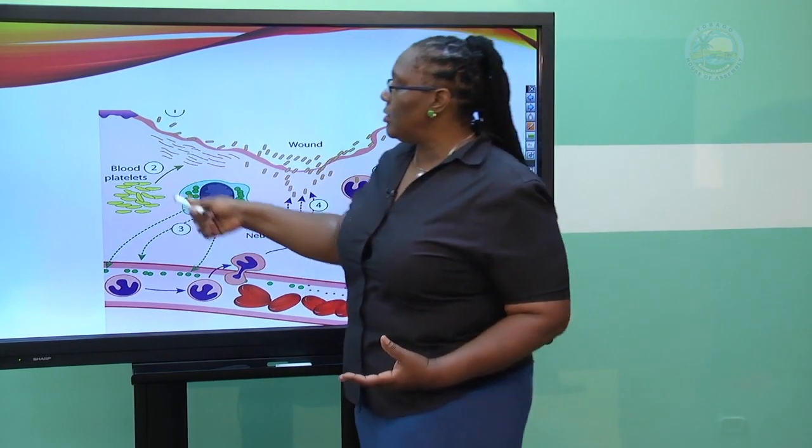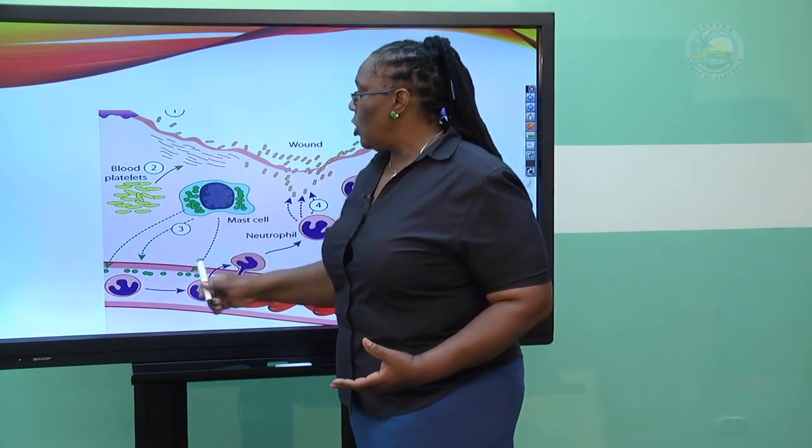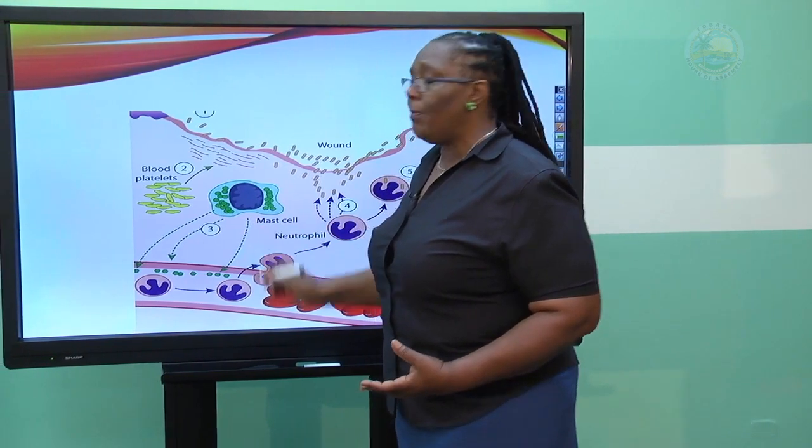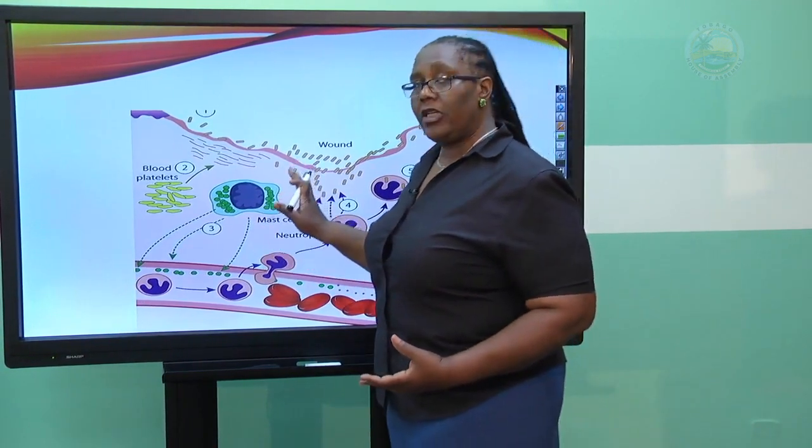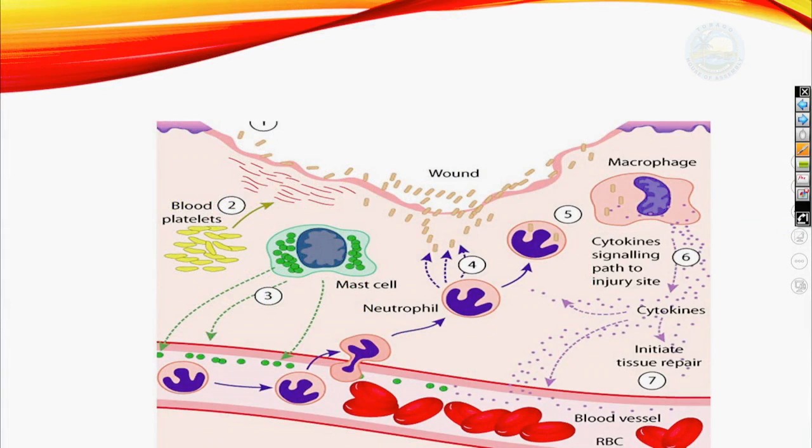And when they're attracted to the site, these in turn will cause these cells called mast cells to gravitate to the area. These mast cells in turn release certain chemical substances called histamine. Right? So I know you all would have heard of antihistamine medication and so on for people who have allergies.